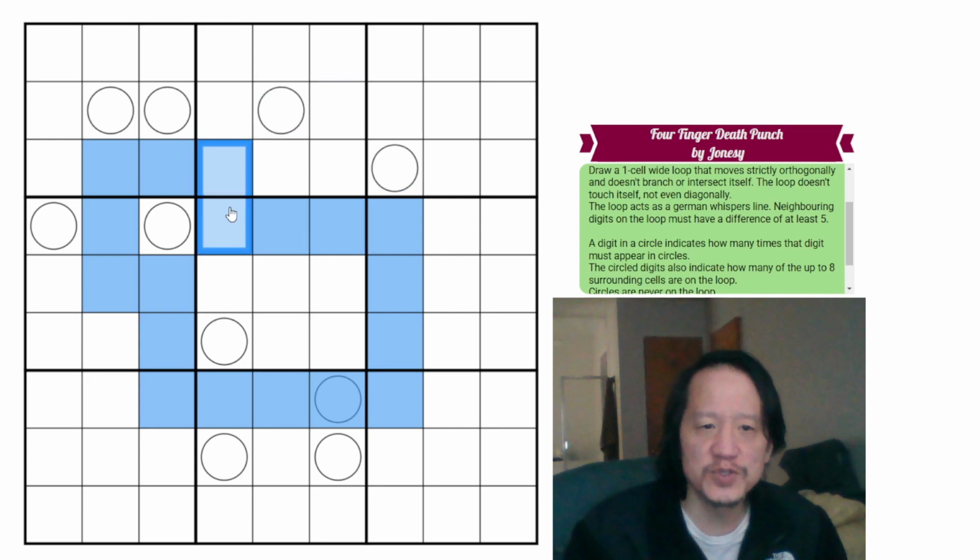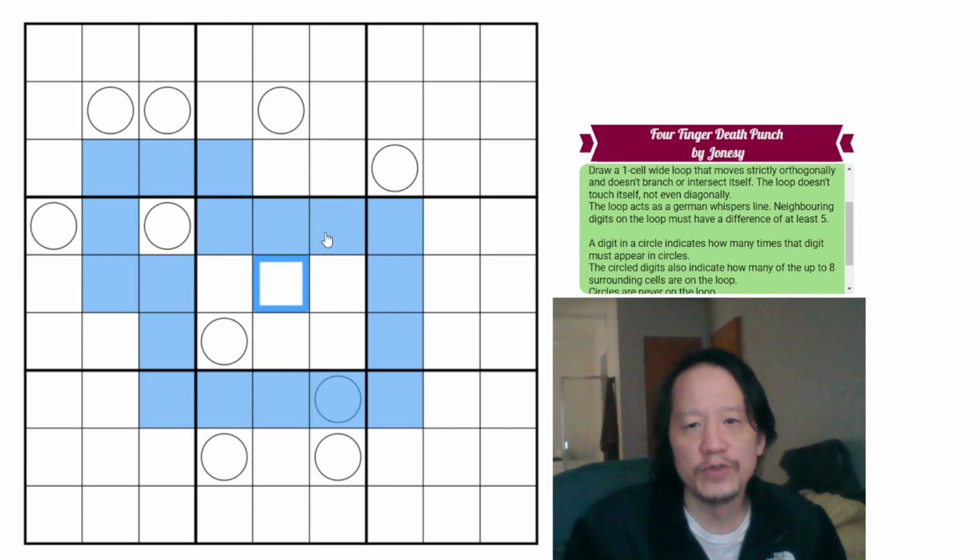The problem is that it's touching itself diagonally, and that's not allowed. Because obviously it goes in through here, it touches itself, and then it goes back out. It doesn't actually just connect. So that would also not be a valid loop.